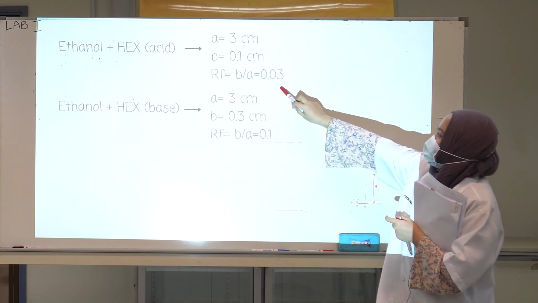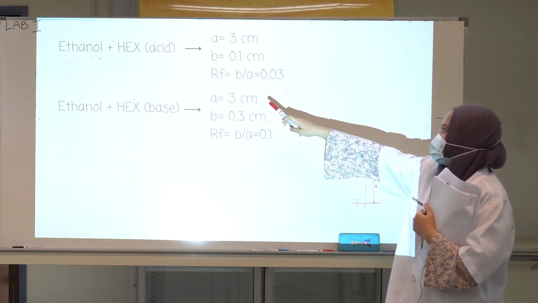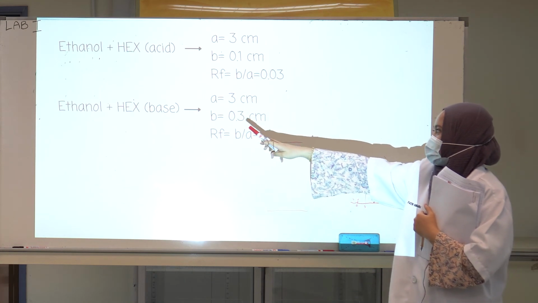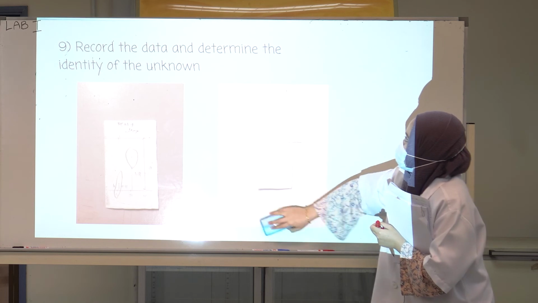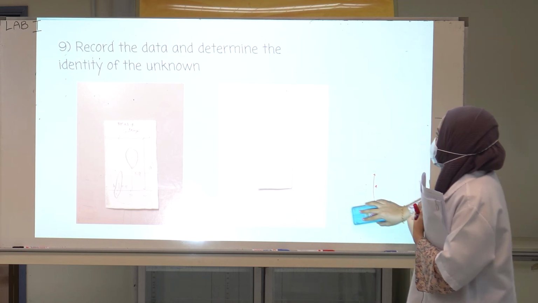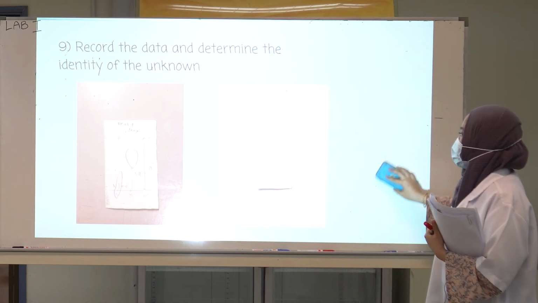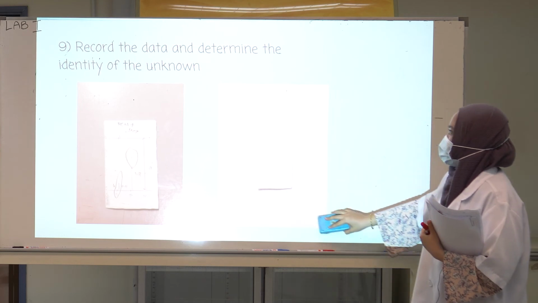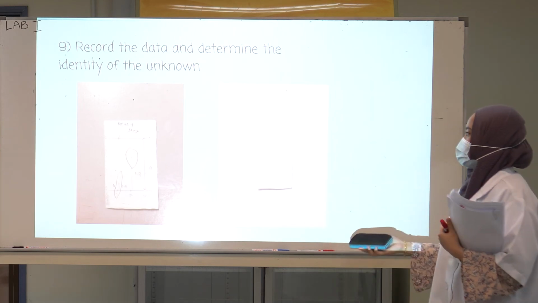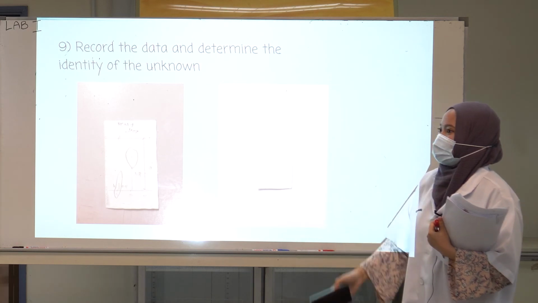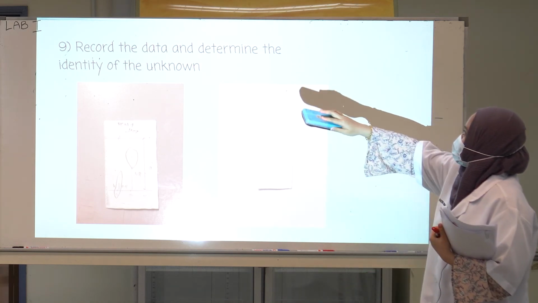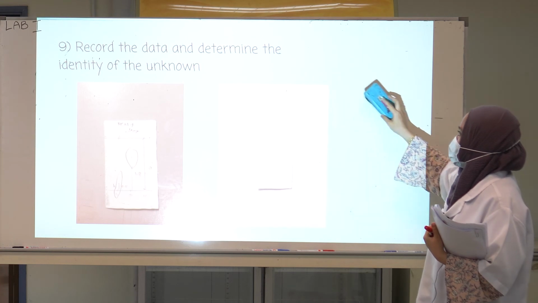We do the same thing for ethanol and hexane for acid and ethanol and hexane for base. Then we record the data and determine the identity of the unknown. For this experiment, we don't have to determine the identity because we already know the identity, that's why we can skip that part.